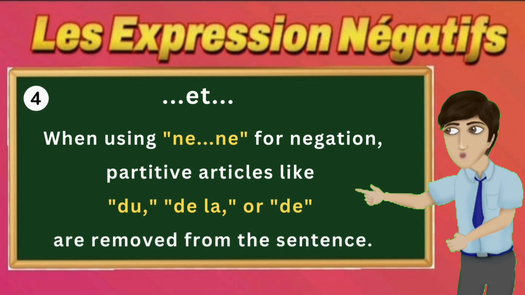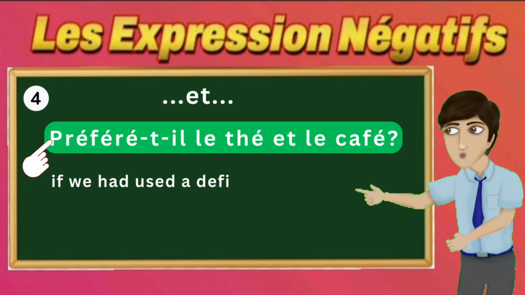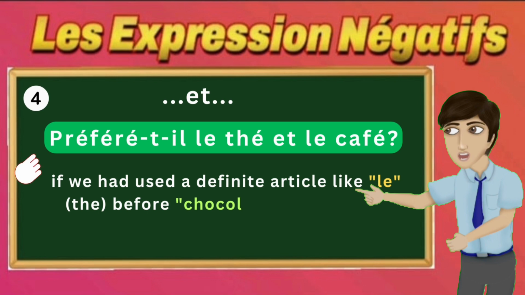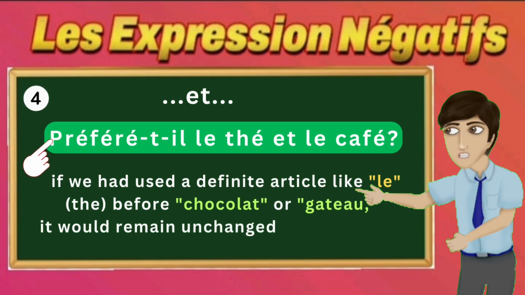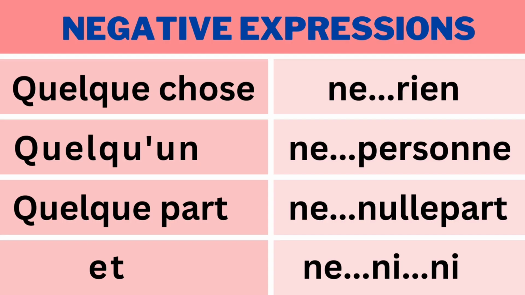Similarly, if we had used a definite article like le or la before chocolat or gâteau, it would remain unchanged in the negated form. So far we have learnt quelque chose, ne rien, quelqu'un, ne personne, quelque part, ne nulle part, et ne ni.